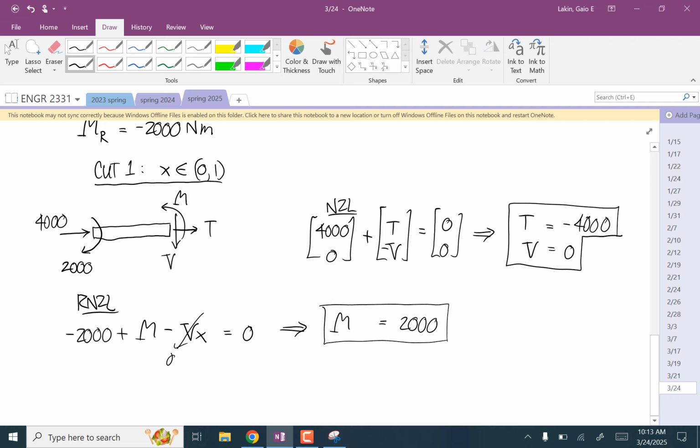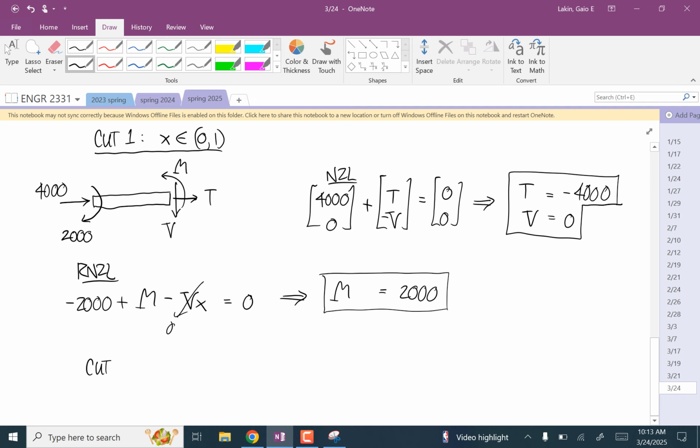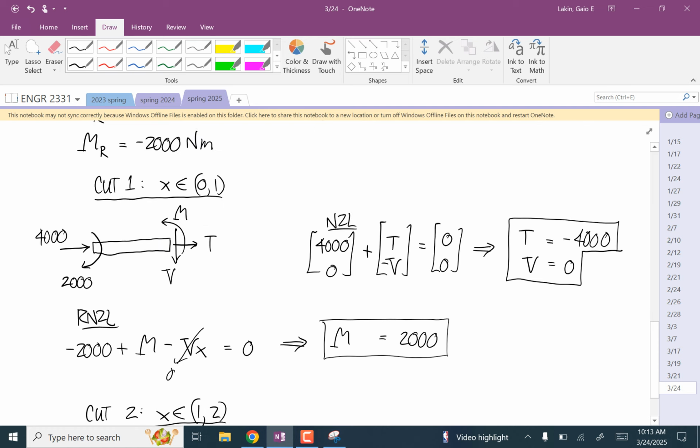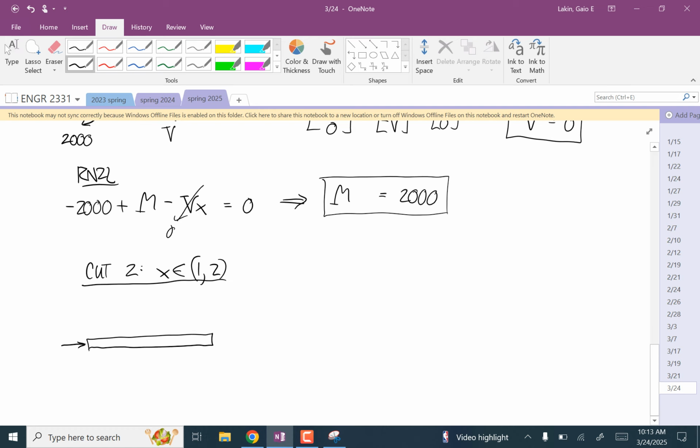And then cut 2. This is for x's from 1 to 2. So here we have still the 4,000 and the 2,000.